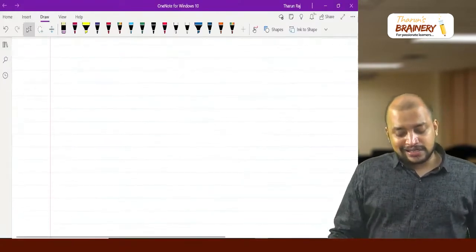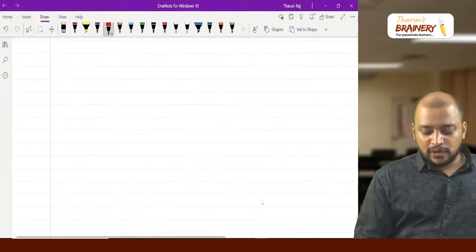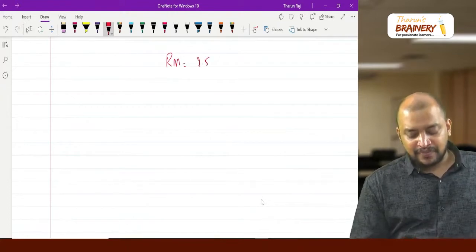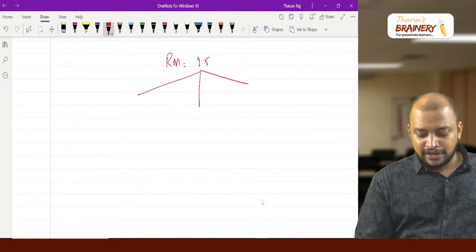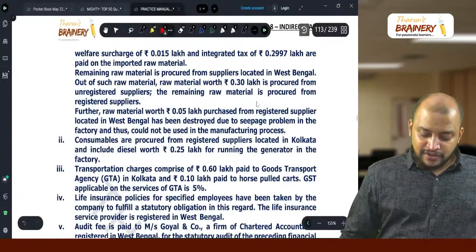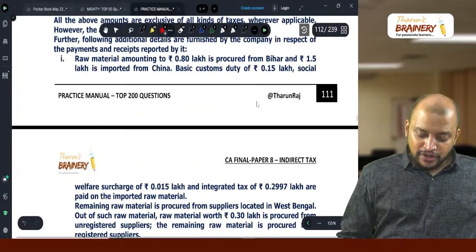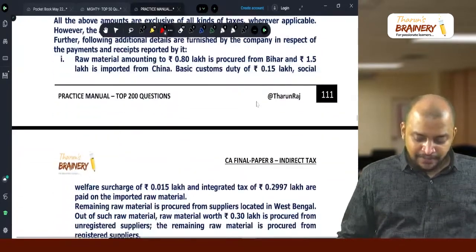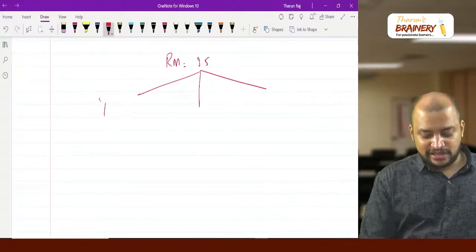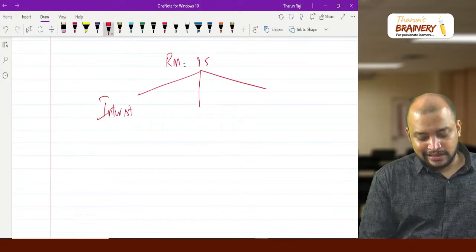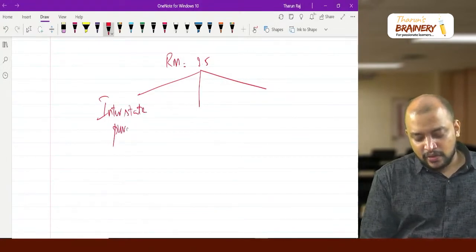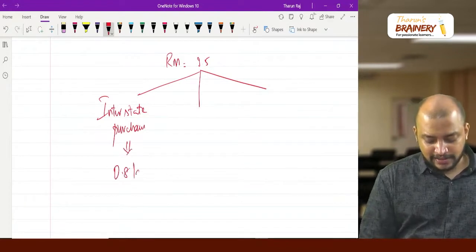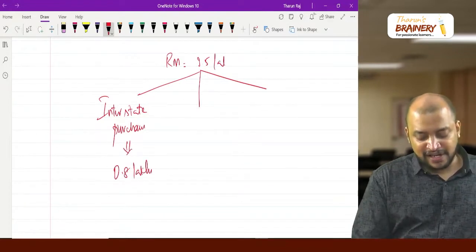So we need to understand here the breakup. Total raw material 3.5 is divided into three. First is procured from Bihar. Where is this person located? Kolkata, West Bengal. So therefore, interstate purchases. What is that interstate purchases? 0.8 lakhs out of this 3.5 lakhs.